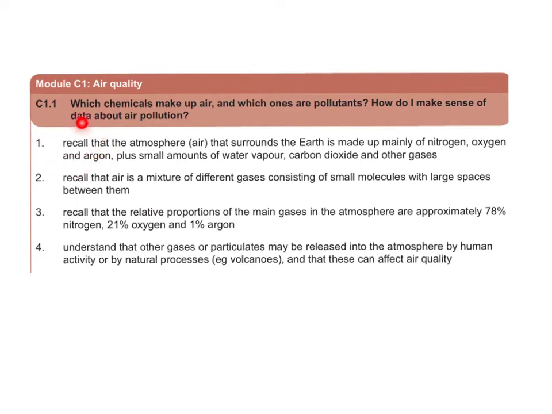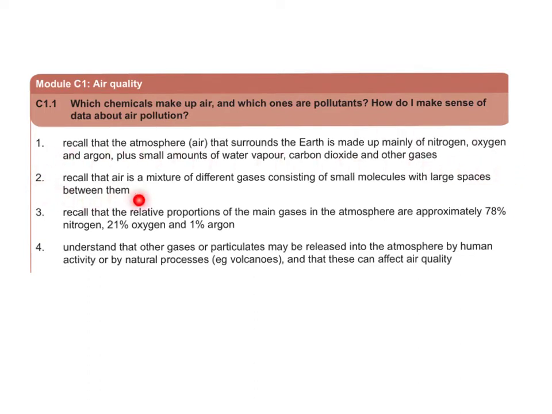Okay, the first thing I'm going to draw your attention to is it says recall, recall, recall. That basically means you just need to know it, and you need to be able to provide that information in the exam. So you need to know the gases that are in the Earth's atmosphere, not any other planet, just the Earth's atmosphere.